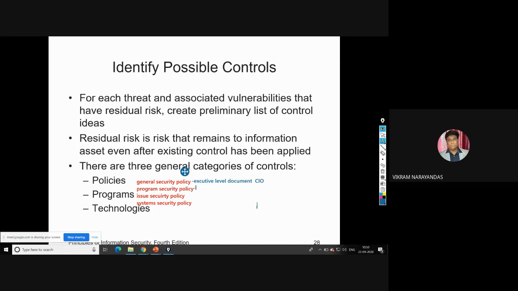Example: a blueprint. A blueprint may include the analysis part and the design, so it includes all things: design and implementation of security.